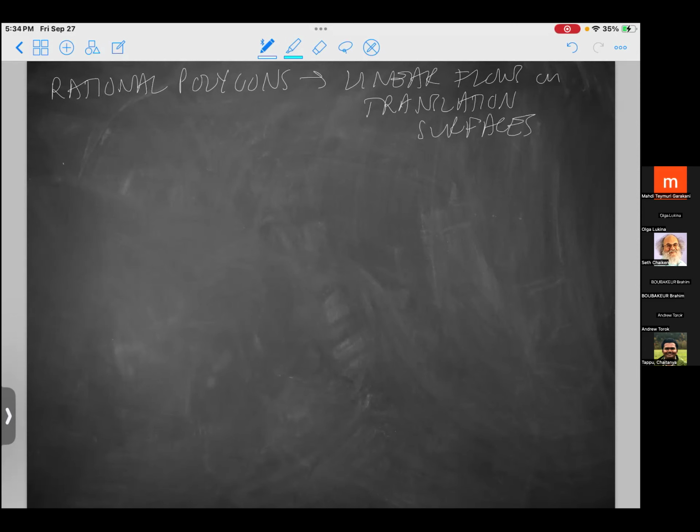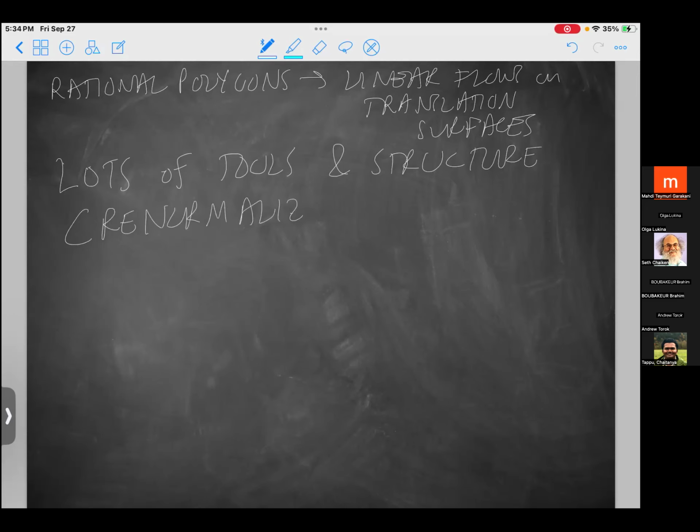Surfaces which have, and now there are lots of tools and structure, in particular something called renormalization, to analyze these flows.